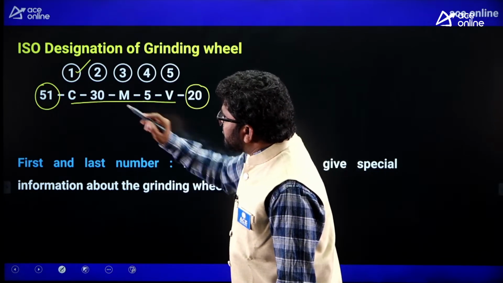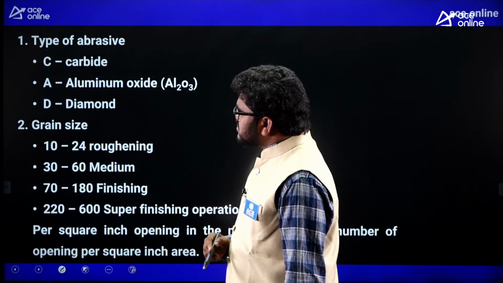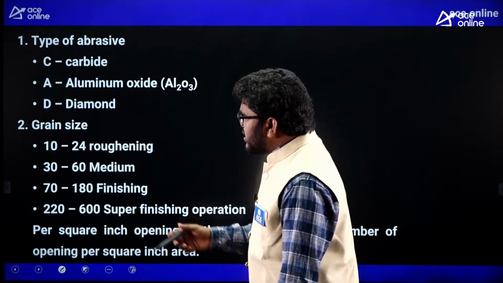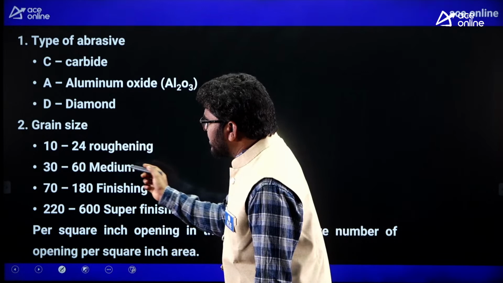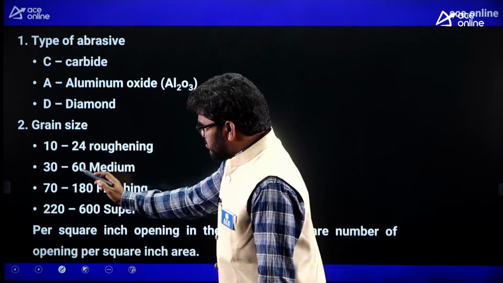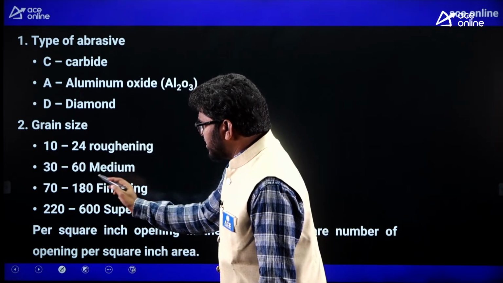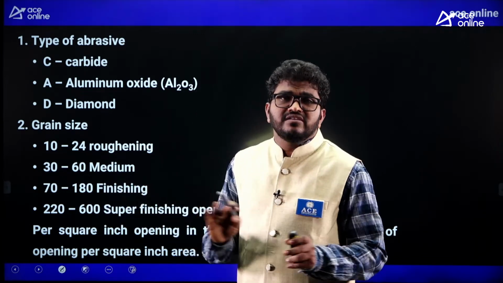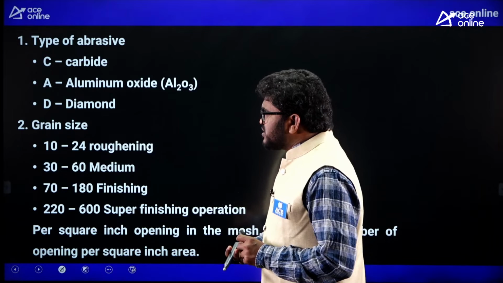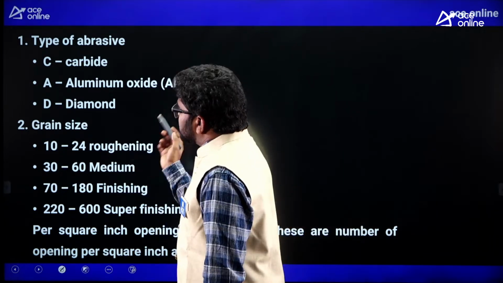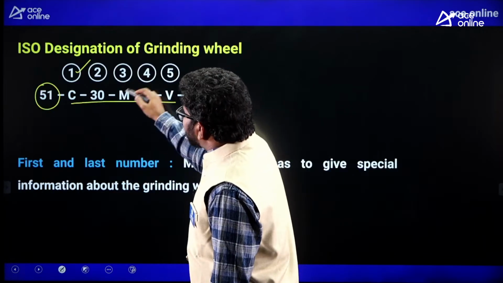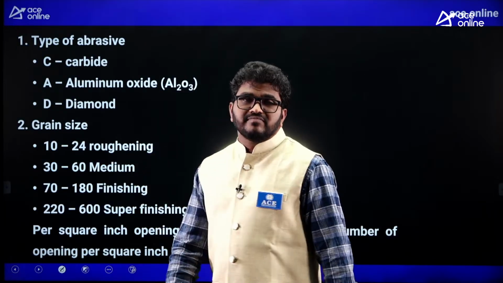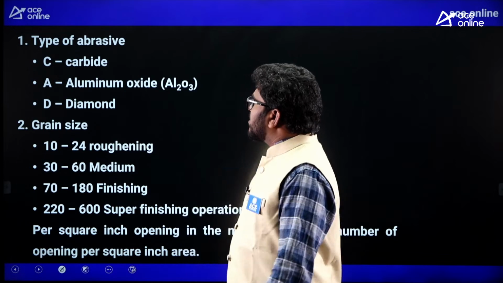Next, the second one, number 30, represents the grain size. 10 to 24 grain size means roughness is more, 30 to 60 medium, 70 to 180 finishing, 220 to 600 super finishing operation, where a highly smooth surface finish is obtained. So in this example, 30 is given, so the grain size is medium.